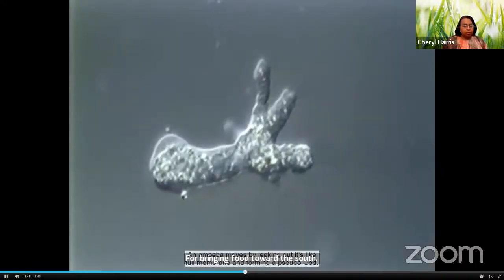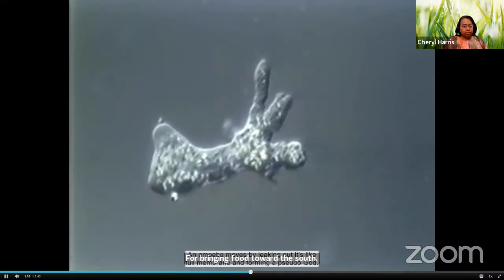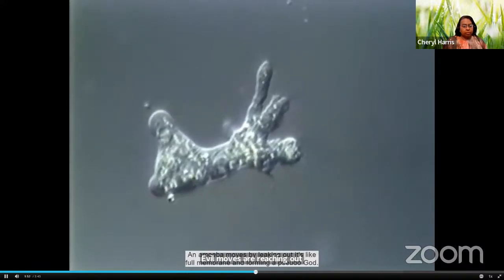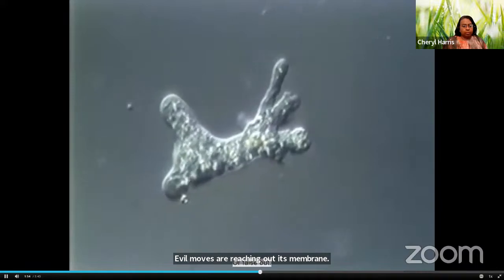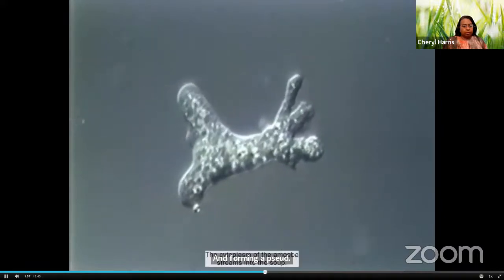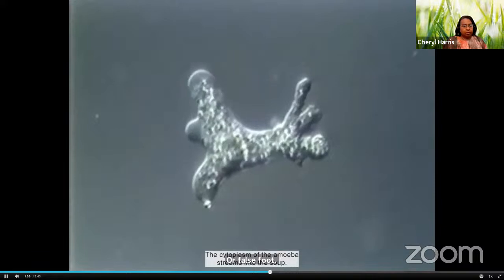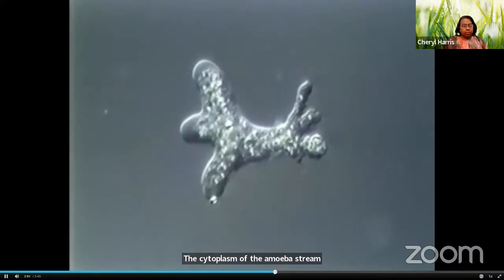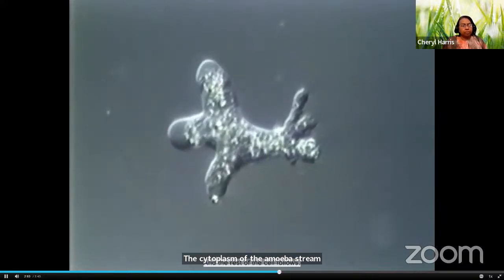An amoeba moves by reaching out its flexible membrane and forming a pseudopod, or false foot. The cytoplasm of the amoeba streams into the pseudopod, and the rest of the cell follows.